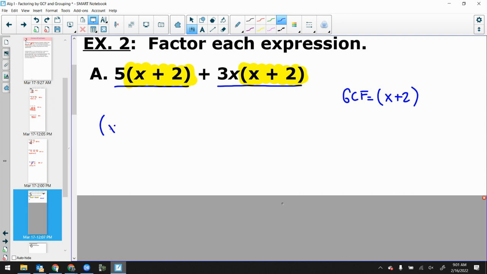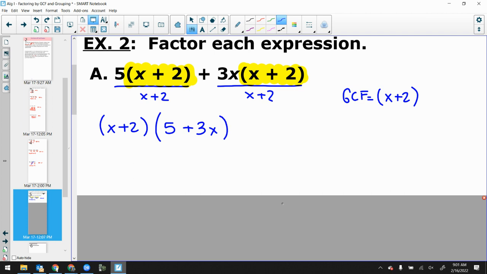We put it on the outside, and we divide it out. Okay, we start our parenthesis, and we write what's left over after we divide it out. What's left over when we cancel out that x plus 2 from our first term? Just a 5. And then the second term, I'm going to cancel that x plus 2 out. We're going to be left with a 3x.